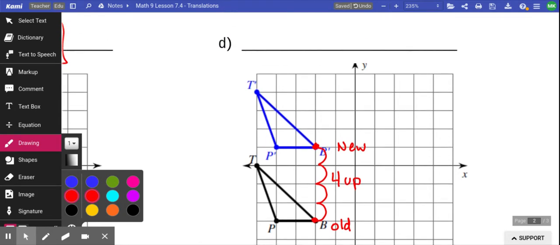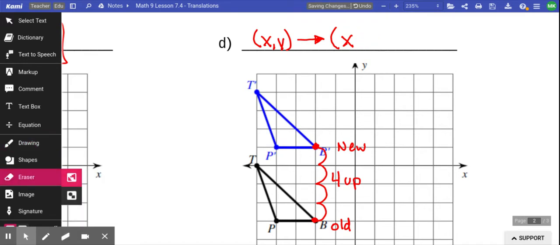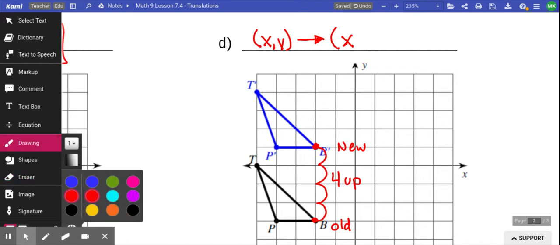So to do that, you say XY moved, so the arrow, so that the X values, and then you don't do anything because it didn't go left or right, so you didn't add anything to go right, you didn't subtract anything to go left. If you put +0, that's okay, but we don't need to do that, right? If we just say nothing, that's the same thing as saying +0. So we just leave our X values, and then we want to represent 4 up. We do that by saying all Y values get added 4 to move them 4 up. And that's mapping notation.